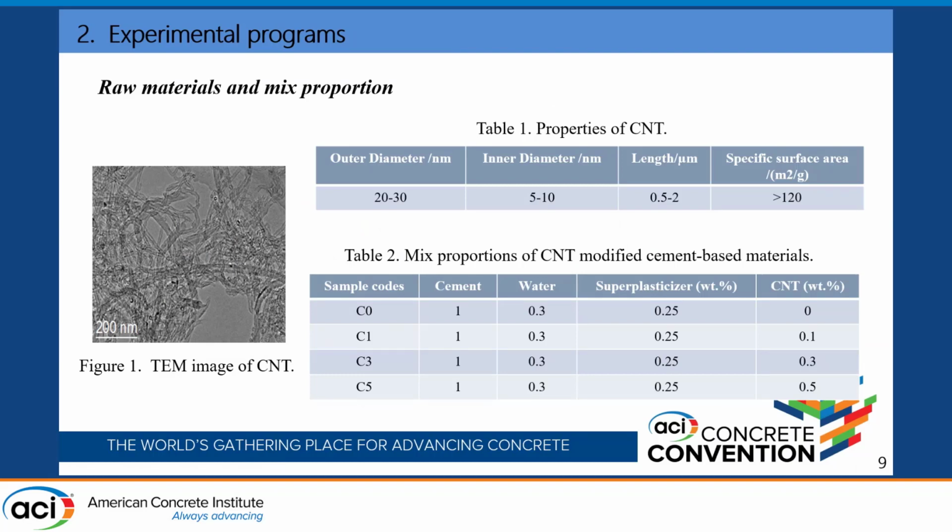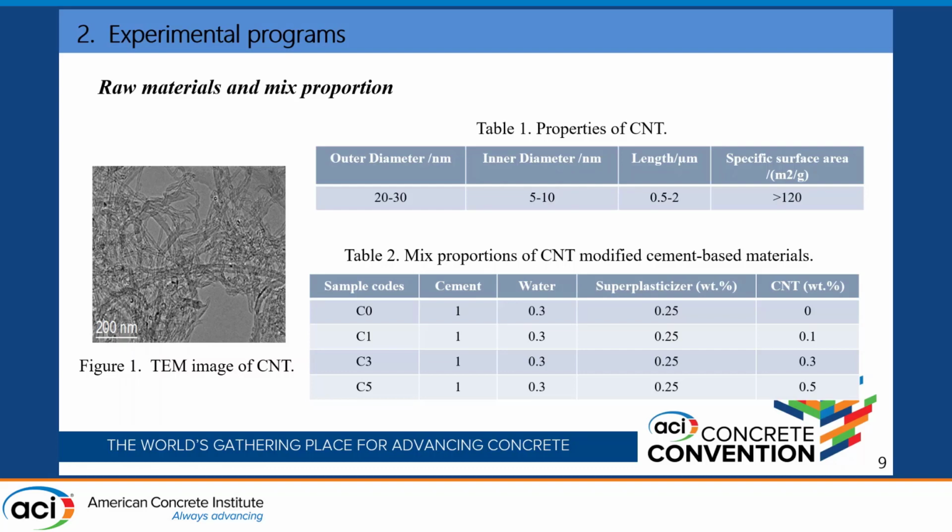So the experimental program that Zhen used is shown here, and you can see that we use the same amount of superplasticizer and water to cement ratio, but different amounts of carbon nanotube from 0 to 0.5%, and the properties of the CNT we used are shown in the top slide.